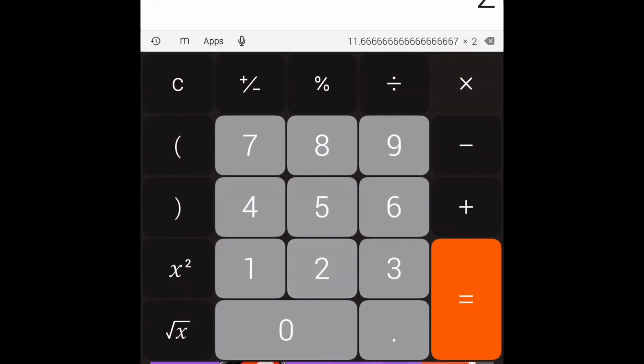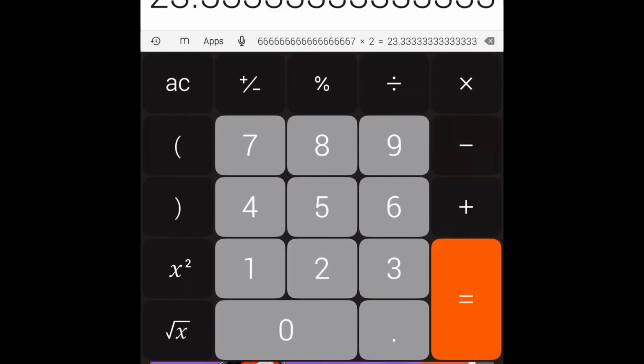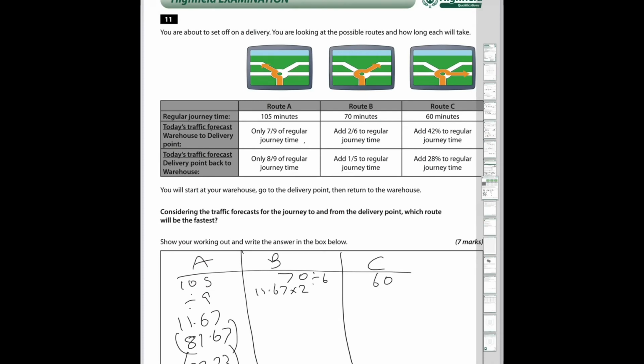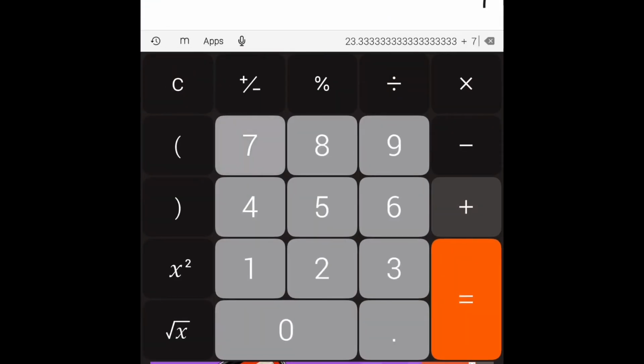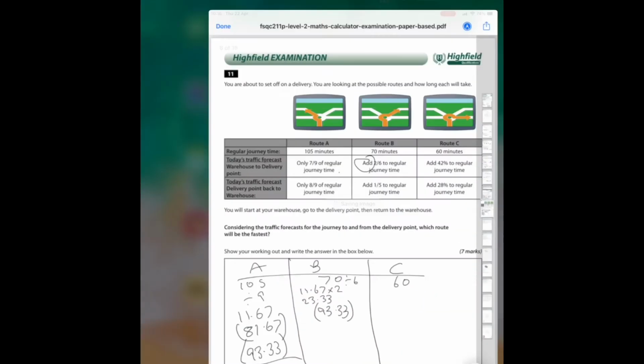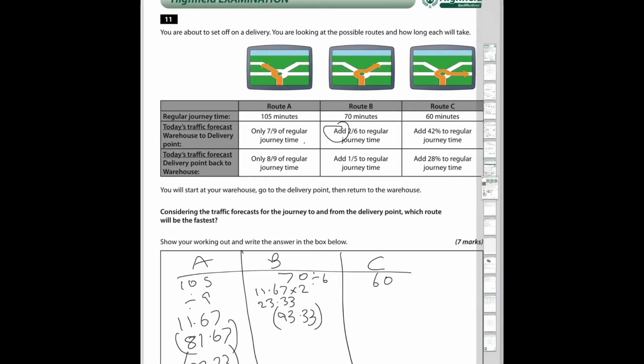And we need to times that by 2 to get 2/6, which is 23.33, which we then need to add on, because it's saying add on to 70. So that's first way is 93.33. We can do it on the calculator if you wanted to.